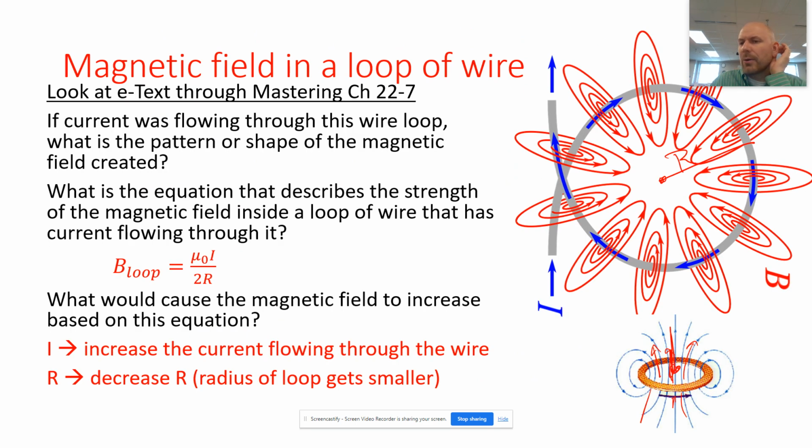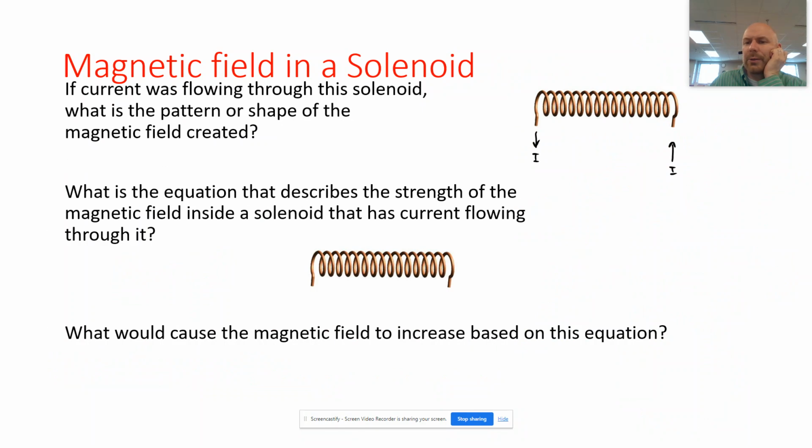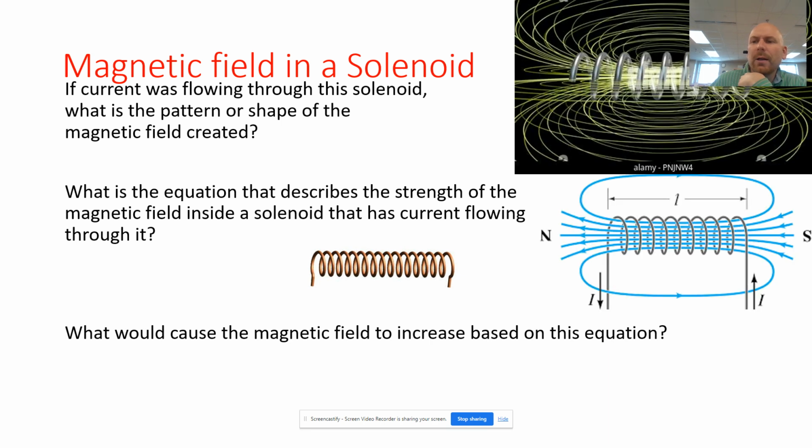So increase the current or decrease the radius, and you increase the magnetic field. Then you have another thing. Let's say we have a bunch of loops together. It's called a solenoid. If we wrap it tightly and pass current through that in this direction, what does that create? It creates a magnetic field that looks a little something like this.